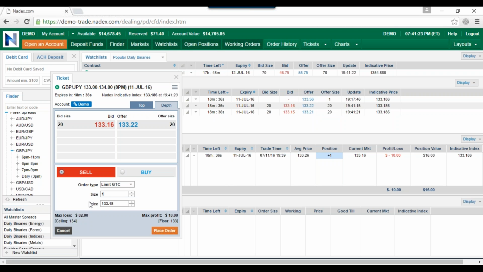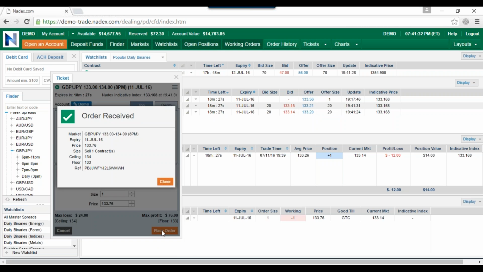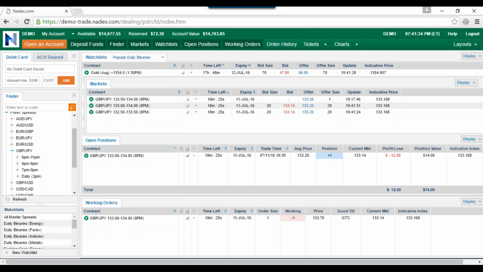I don't want to sell it till it gets to 133.76. I'm going to change it to 76, and then I'm going to say place order. Where did that order go? Down here in working orders. Why is it working? Because it hasn't submitted yet. Why can't it submit? Because my order said don't sell it until it gets to 133.76.